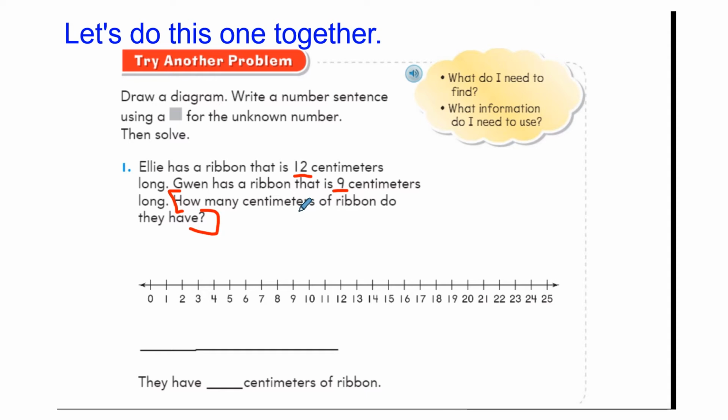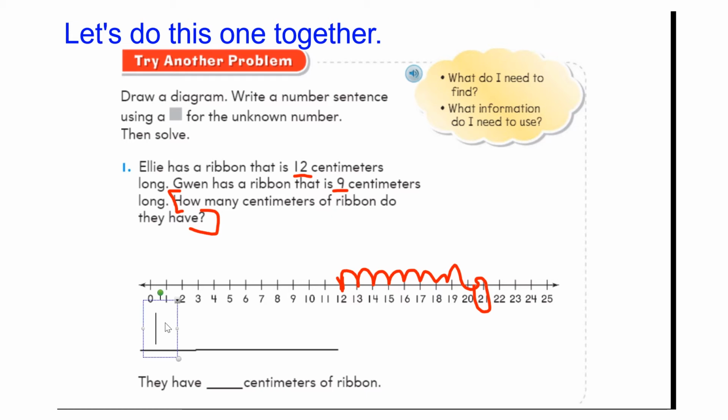Well, if Ellie has 12 and Gwen has 9, we need to find out how much they have all together, so we have to add. Our number has to get bigger. 1, 2, 3, 4, 5, 6, 7, 8, 9.